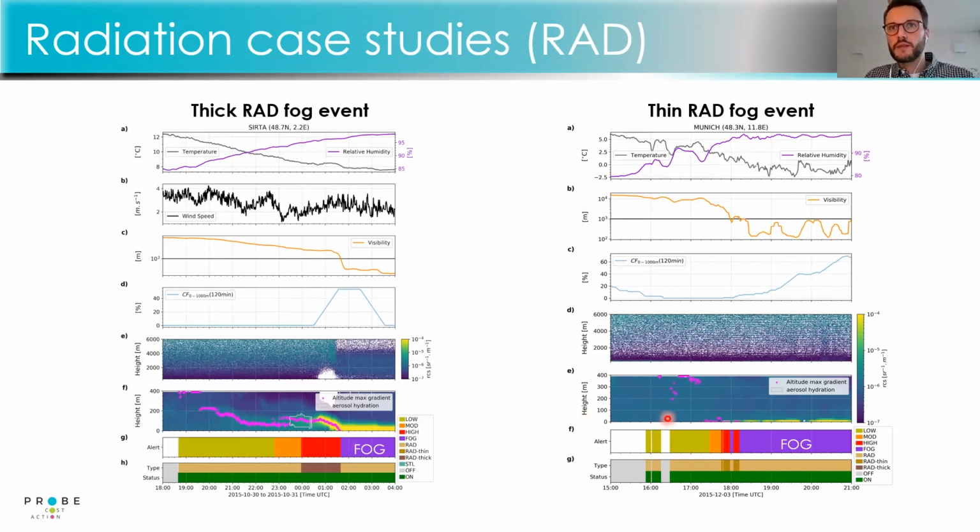On the right, we have quite the same layout, but you can see on panel E from the ALC measurement that we have very low values and low signals. So we have a very thin and patchy fog. And you can see that before the event in violet, we again have different colors like yellow, orange, and red, which means we have low, moderate, and high alerts a few minutes before.